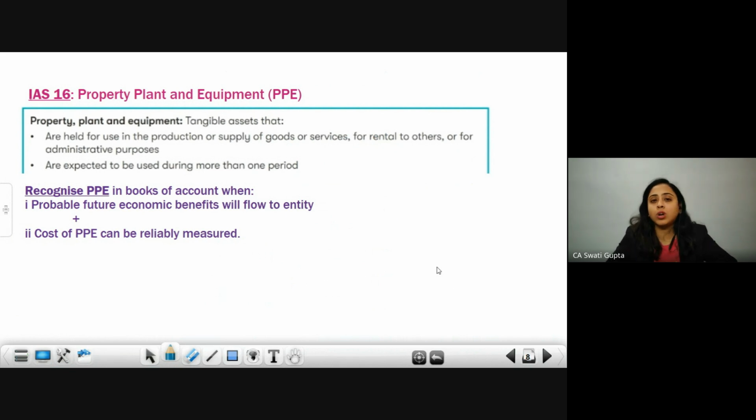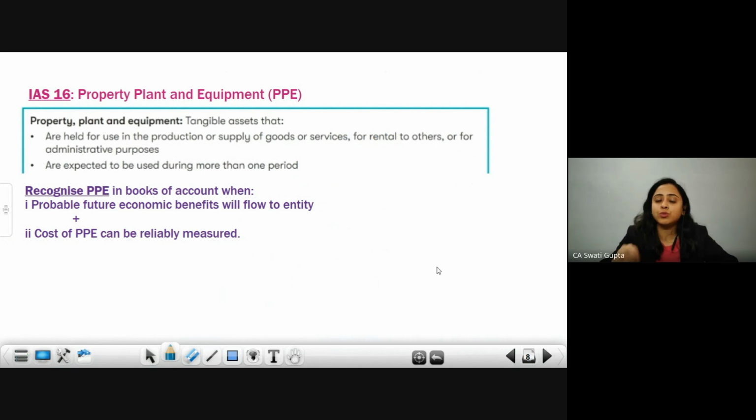For example, you have bought a land, and you feel that 10 years later when this highway will be constructed, economic conditions will change, and then you will sell this land and become a billionaire. This is your idea behind purchasing this asset. Then this is known as investment property.